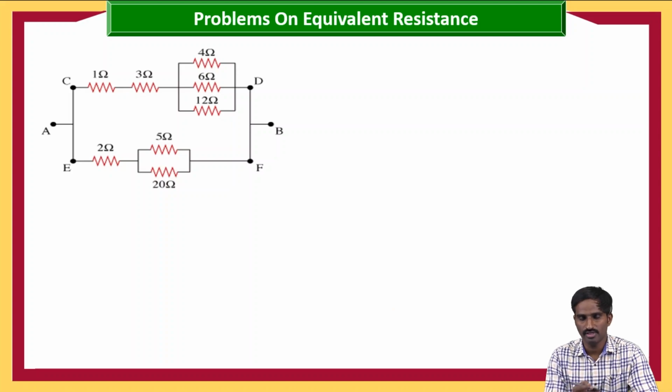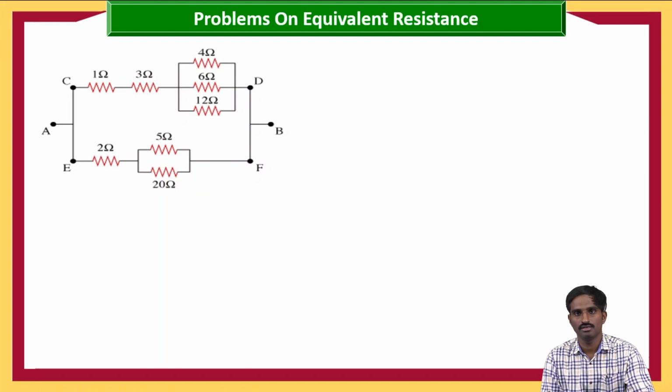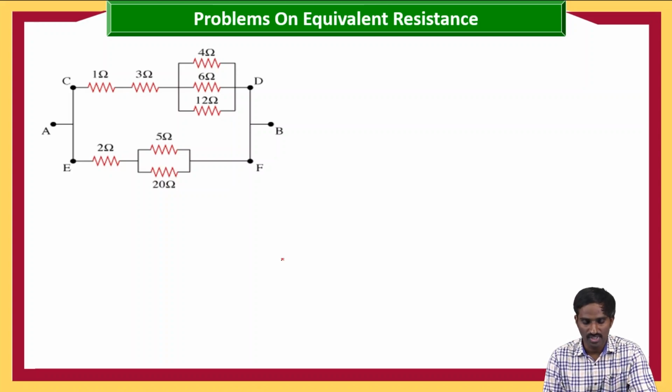This is also easy, but when compared to the previous problem, this is a little complex circuit. In this circuit also, we need to find the equivalent resistance between the A and B terminals, which means we need to find RAB. It is up to us; if you want to find the equivalent resistance between the C and D terminals also is okay.